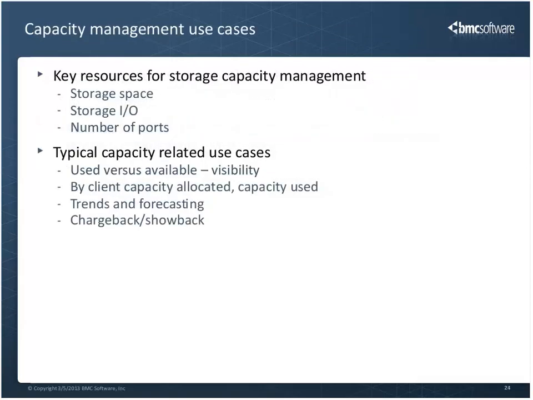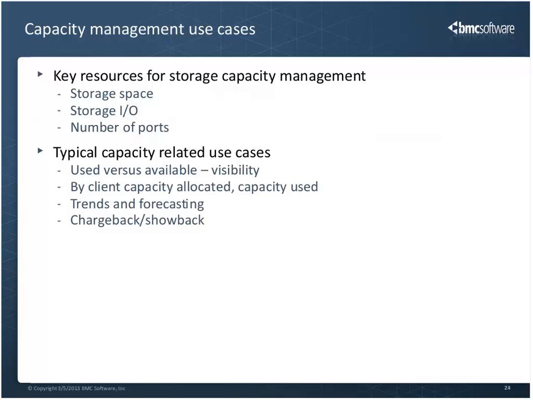So what are the capacity management use cases that you often find for storage? The key resources managed by storage capacity management are storage space, which is the most common one, the basic one, and the one that most people are interested in; storage I/O, which refers to performance; and the number of ports that are available, which is a scarce resource in storage. The typical capacity-related use cases are very similar to what you find in servers, except that the resources being tracked are the ones above.